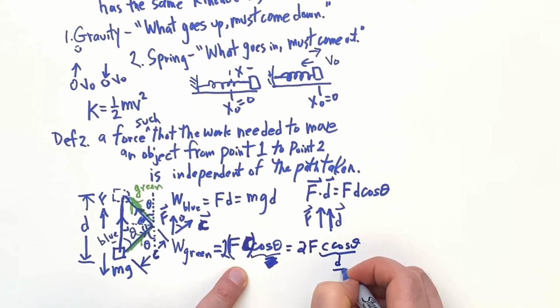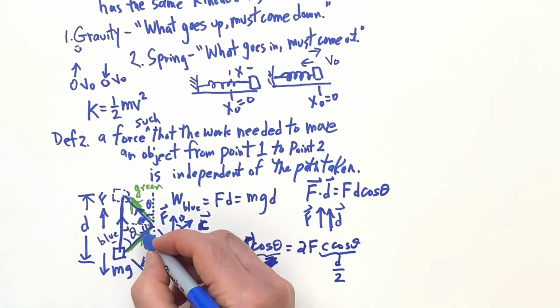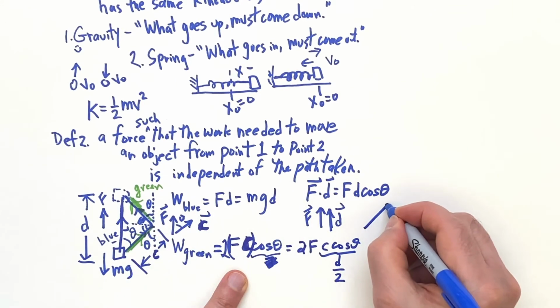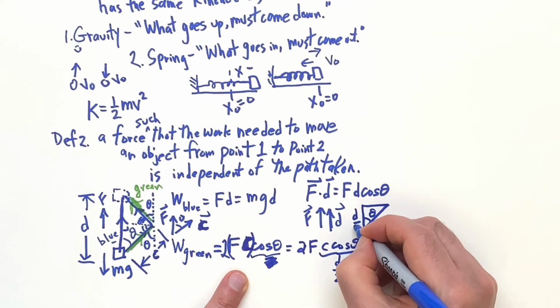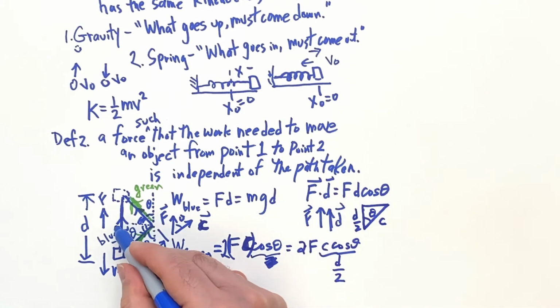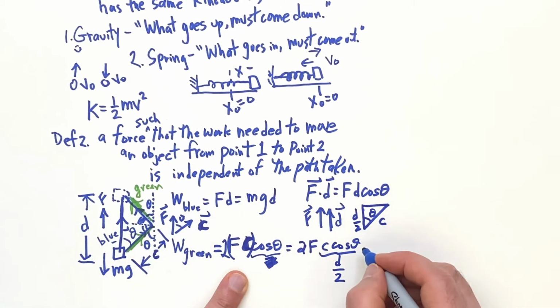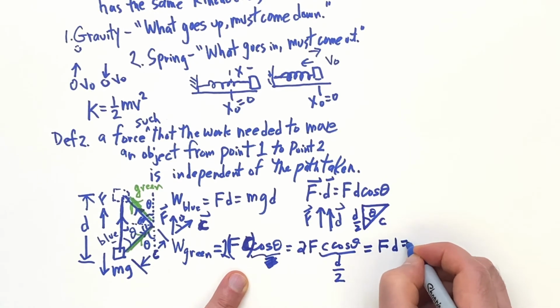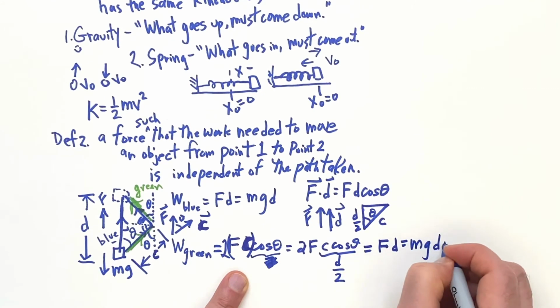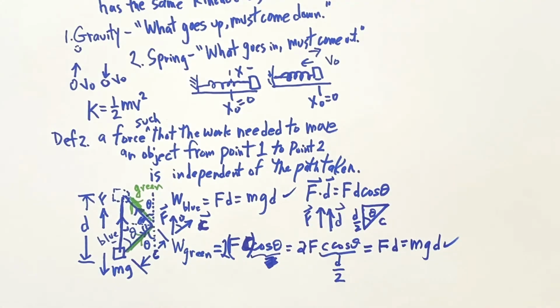This is D over 2. When you look at that triangle like this, you have C, you have D over 2, the halfway point, going up. So the 2's are going to cancel, and you're going to get F times D, which is the mg. So you're going to get the same thing as we got before. So it doesn't matter what path you take.